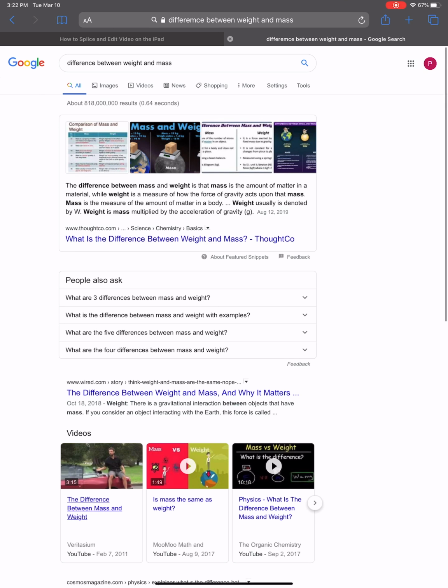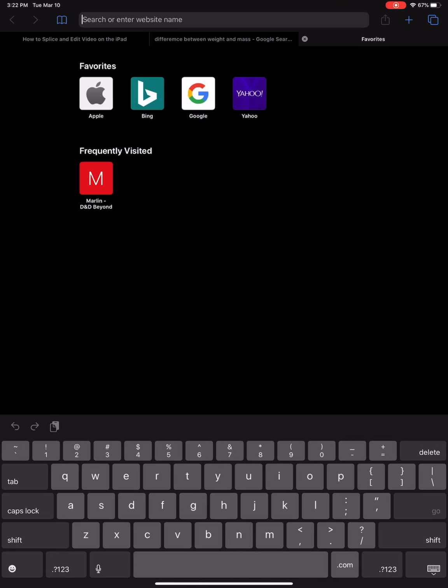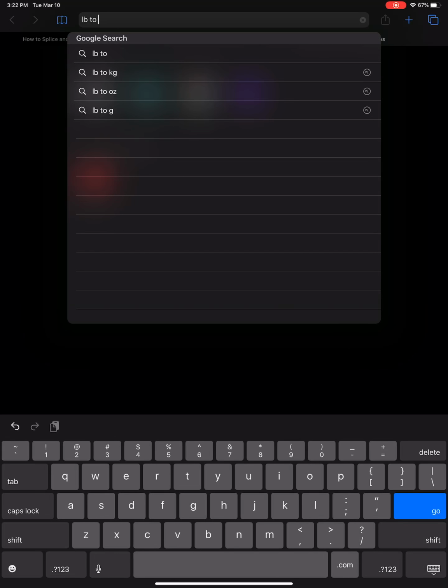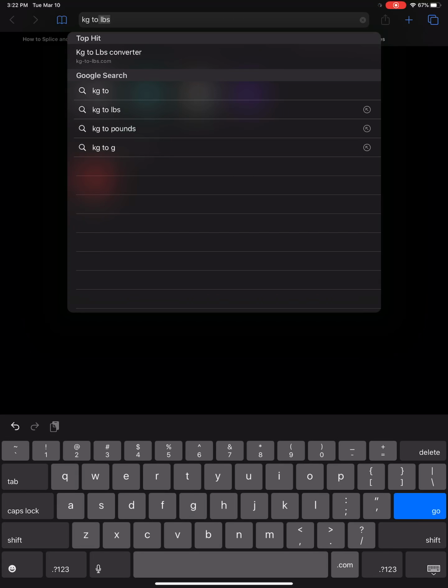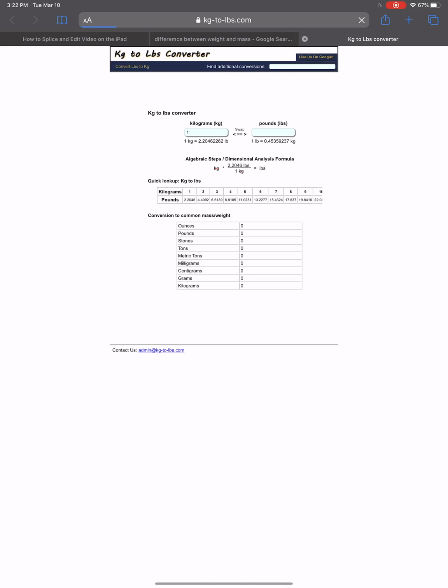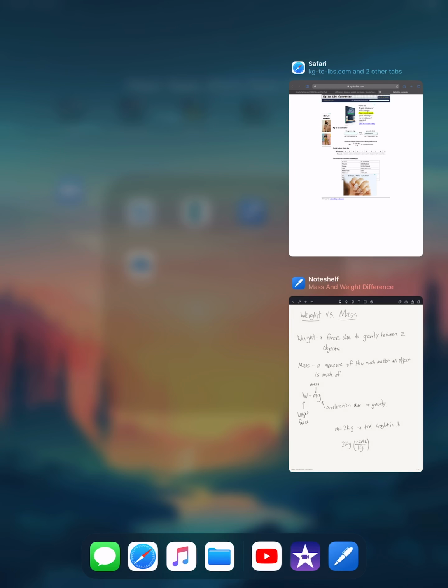I have the power of the internet. Why don't I use it? Kilogram to pound. 2.204.